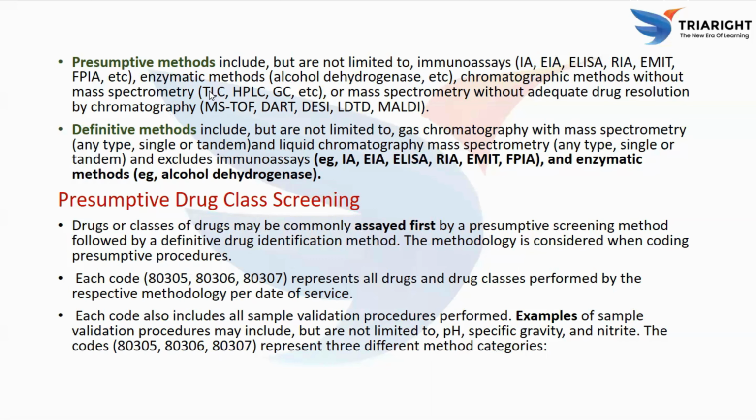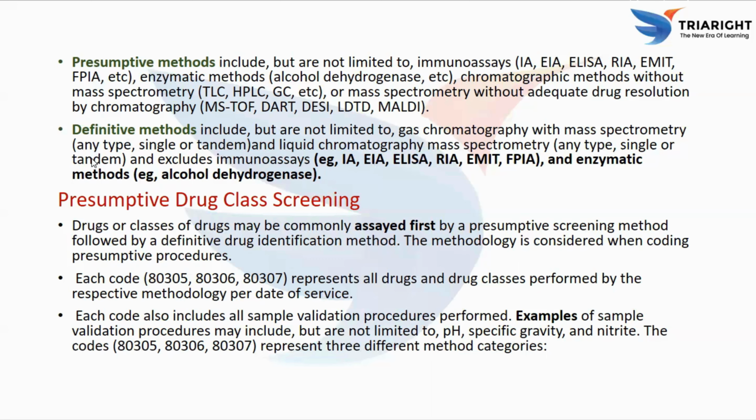Examples like TLC, thin layer chromatography, HPLC, high-pressure liquid chromatography, GC without MS. Without MS, these cannot definitively identify the drugs. Whereas mass spectrometry without adequate drug resolution, examples include MS-TOF, DART, DESI, LDTD, and MALDI. If MS is used without chromatography, it is still presumptive but not a definitive process.